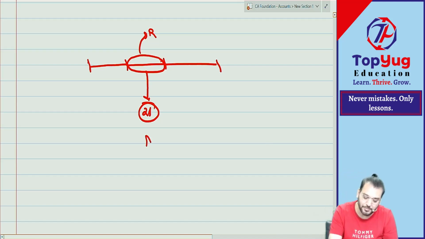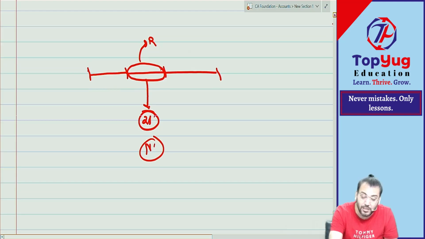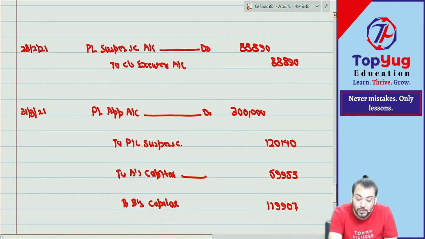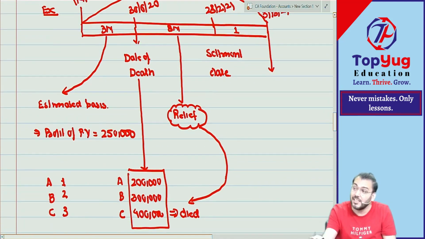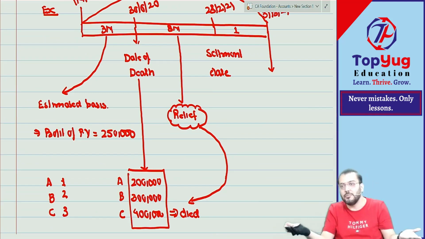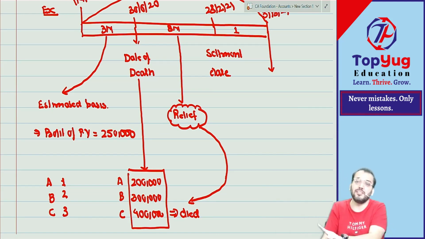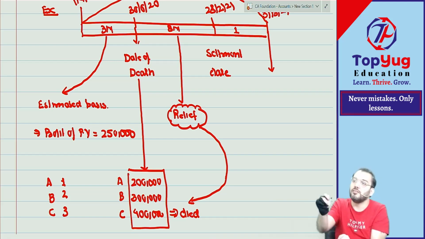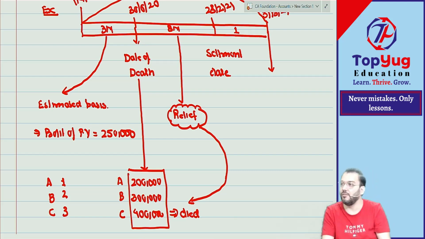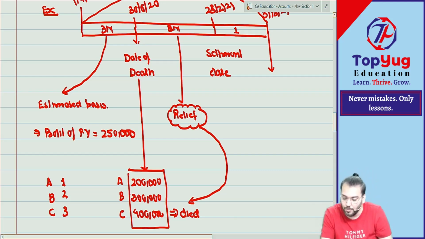No relief. Because the Act says relief applies only if there is an outstanding balance and neither interest nor profit share is given. If they agreed in the agreement to pay 2%, he is entitled to that interest, so no relief. But if nothing is given, relief will be allowed. I hope you have understood now.